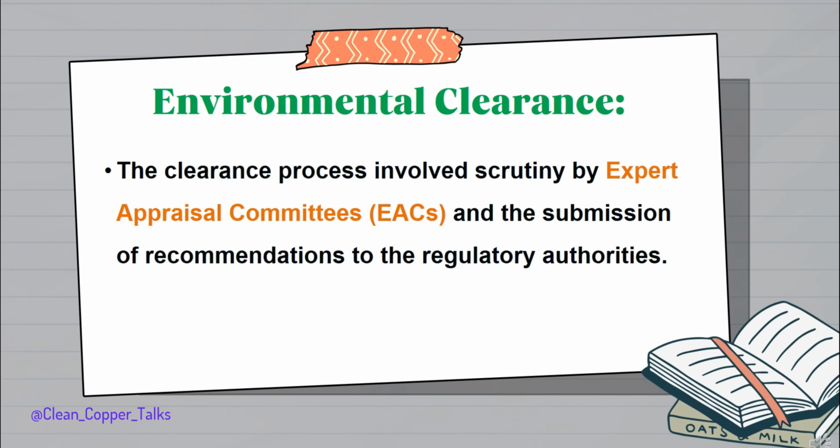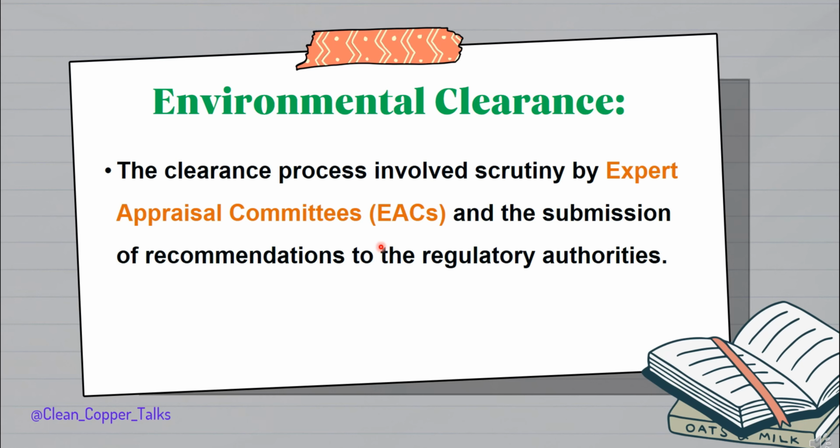The clearance process involved scrutiny by the expert appraisal committee and the submission of recommendations to regulatory authorities. The expert appraisal committee will do the scrutiny of the environmental clearance, whether the environmental clearance has to be given to a proposed project or not.